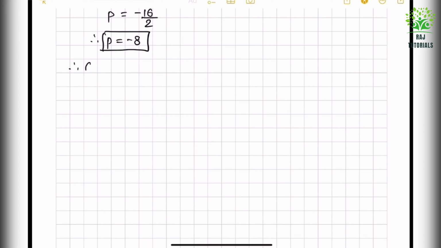Now I got the value of p. Therefore quadratic equation is 3x square minus 8x plus 4 equal to 0. Now to find the zeros, 3 4s are 12. So 12 such factor whose sum is coming as minus 8.